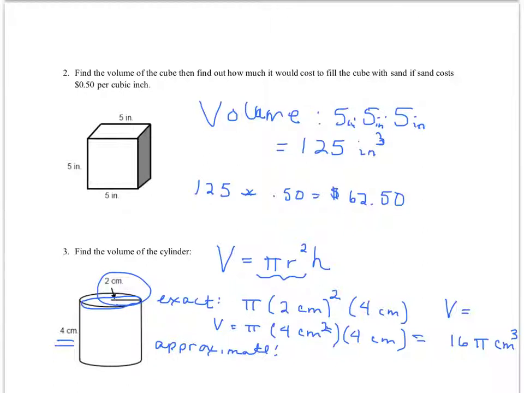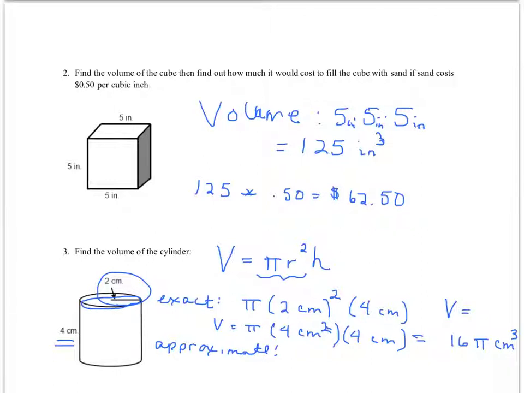Now, if we want to do the approximate, I'm just going to put 3.14 in for pi. And you need, in MyMathLab, to make sure that you put in the correct approximation. Otherwise, although you will get an answer that's close, MyMathLab will mark it wrong.